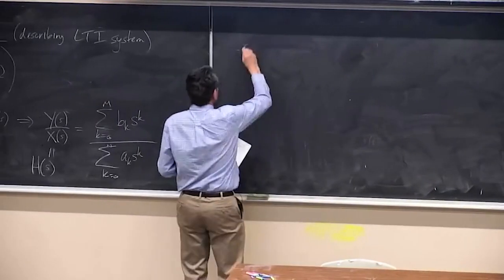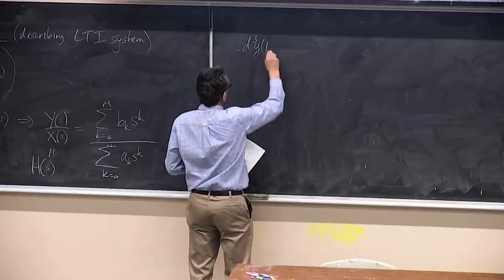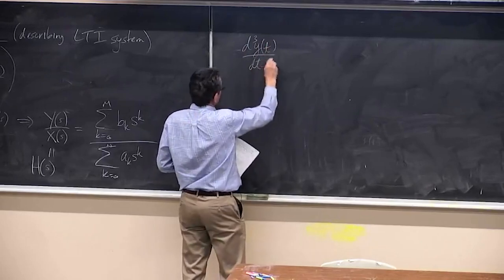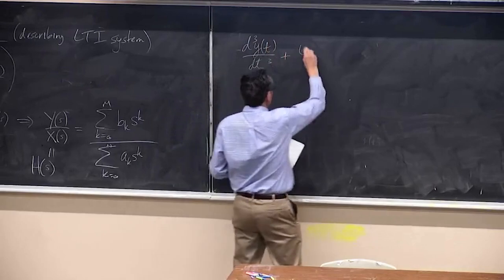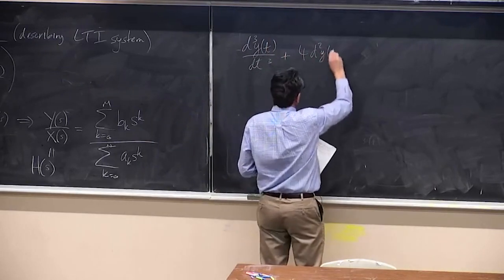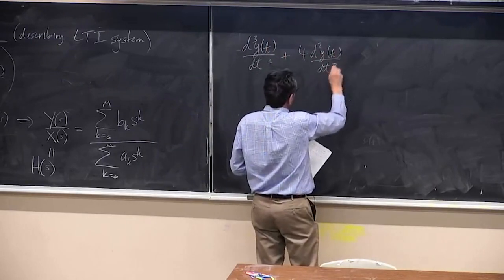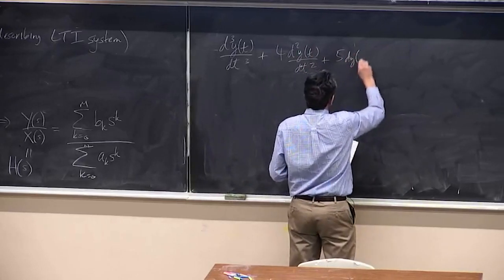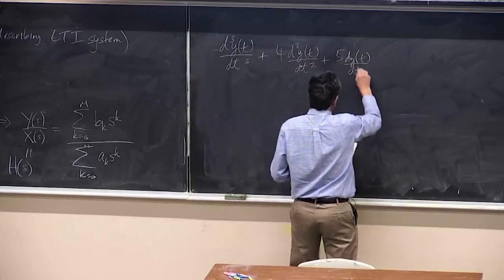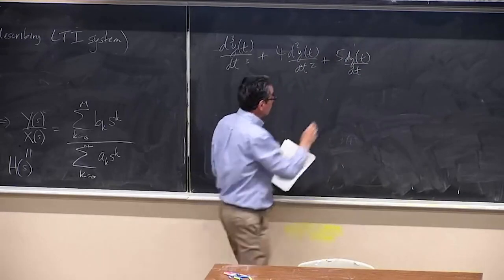We basically apply this conversion of the differential equation into an algebraic equation. And then we use partial fraction expansion to put it in a form where we can actually figure out what the impulse response is.